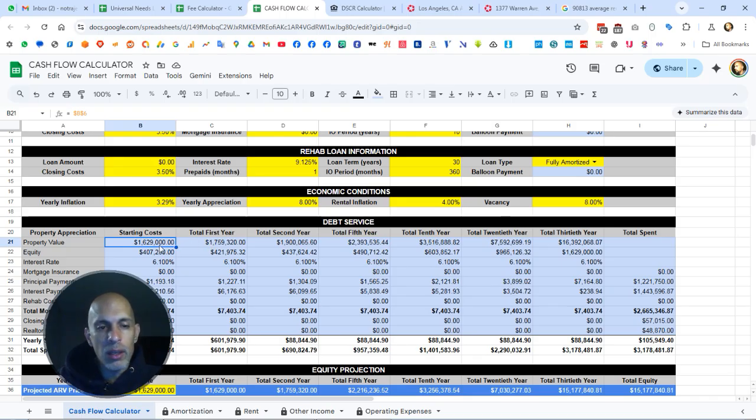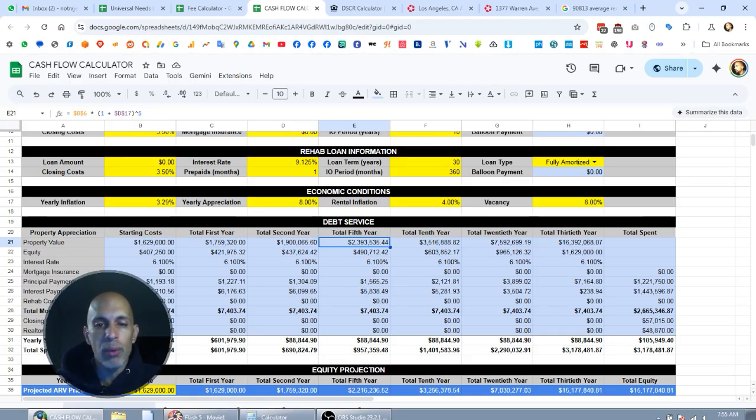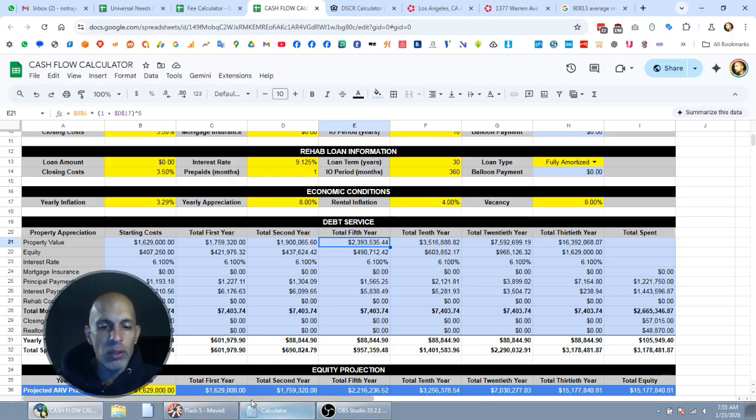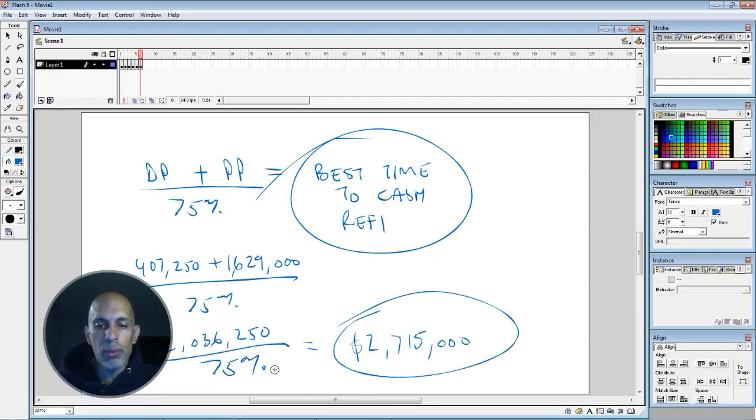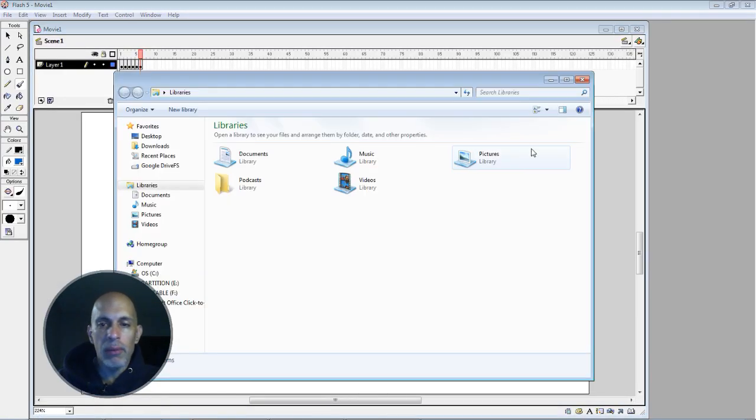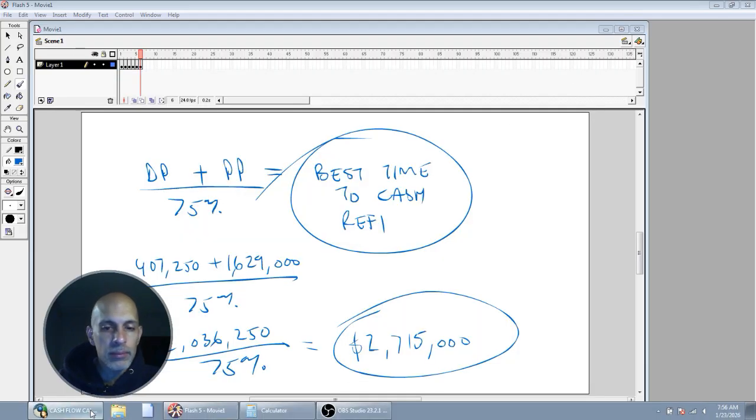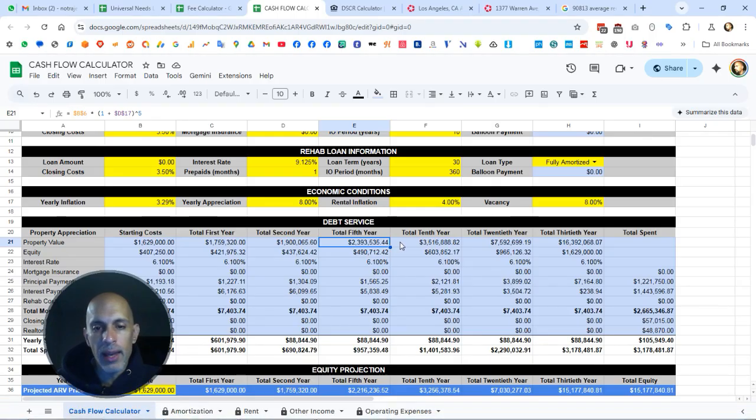So after a year it's 1.759, after 2 years it's 1.9, after 5 years you're at $2.4 million, and you need it to be worth $2.7 million before you can do the refi and pull your original cash investment out.